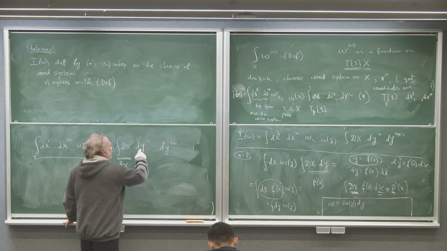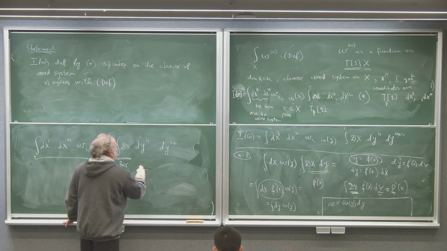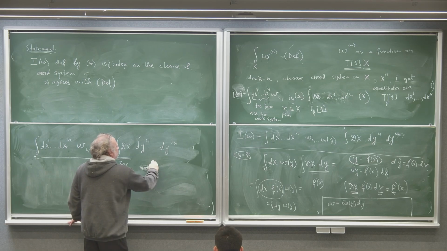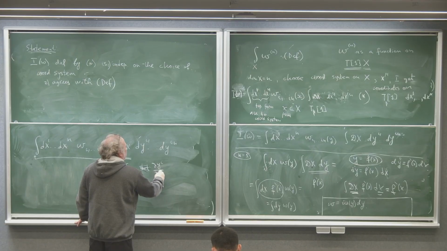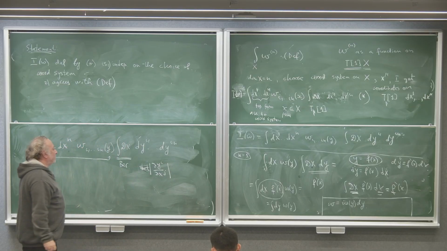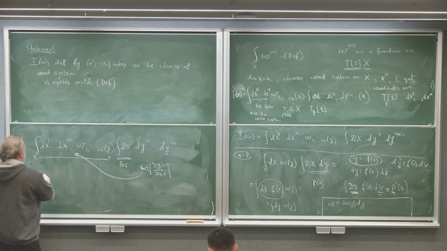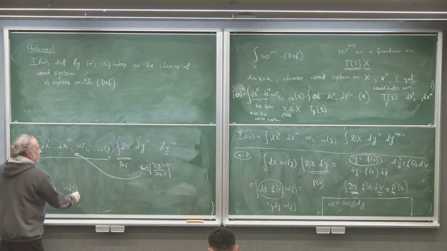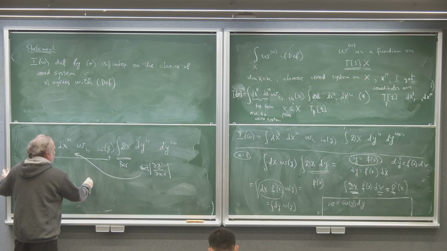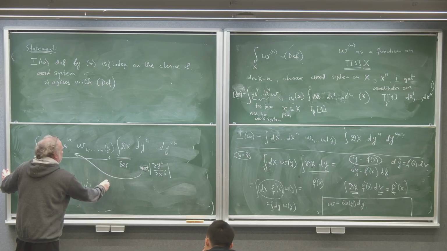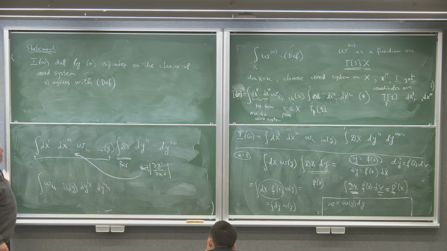So you need to express this product in terms of dx's. So it will be the determinant of dyi over dxj. You put it here, and you will get exactly the standard thing.